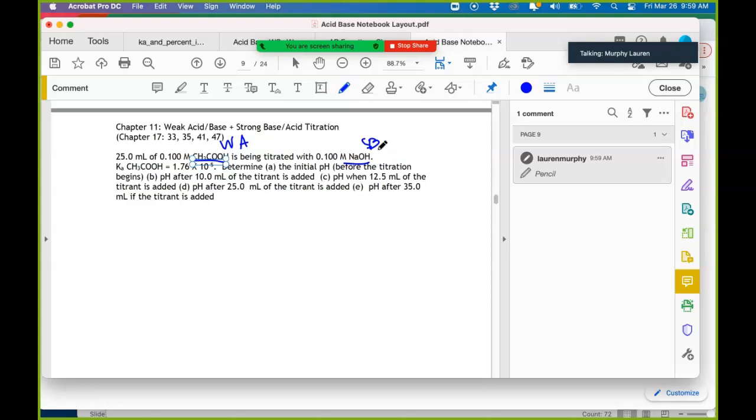So K values, equilibrium constants, are only given for things that go to equilibrium, and weak substances are the only things that go to equilibrium. Notice they don't give you a Kb for sodium hydroxide. Guess why? Because it's a strong base. Strong acids and bases don't have K values. Only your weak species have K values. So the problem actually gives you a little hint that the acetic acid is a weak acid if for some reason you can't remember.